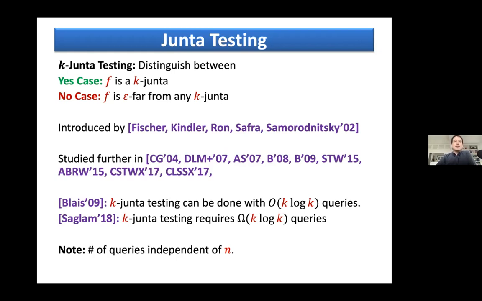And the lower bound, which matches this upper bound, shows that you need at least k log k many queries. Notice that the number of queries is independent of n. So if we think of k as maybe a constant, then we just need to make constant many queries in order to know whether the function is a k-junta or far from it. So there's no dependence on the ambient dimension n.